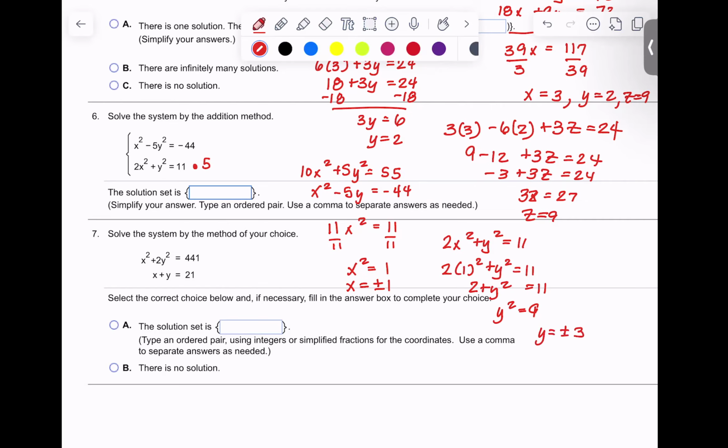So what are my ordered pairs? I got 4 of them. So when x is 1, y can be 3, or y can be negative 3.